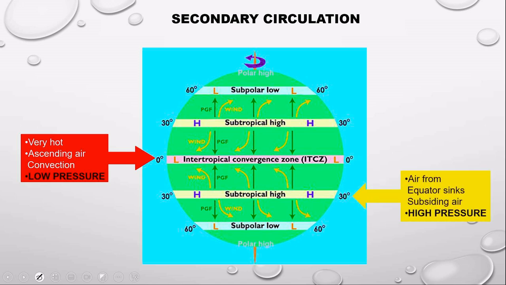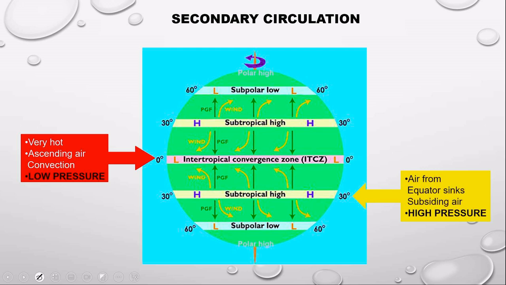30 degrees, high pressure, subtropical high pressure. Here the air from the equator sinks, okay? Other candidates will prefer to use descends. But in essence, the correct geography term is subsiding. So if you had an option, I would recommend that you use subsiding.